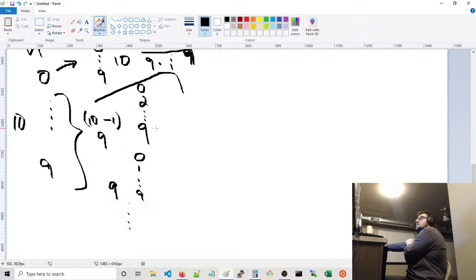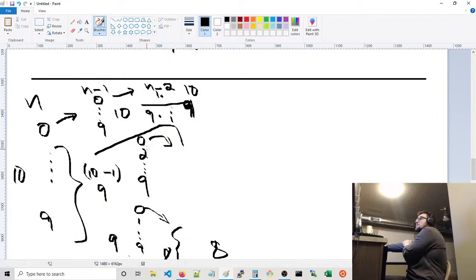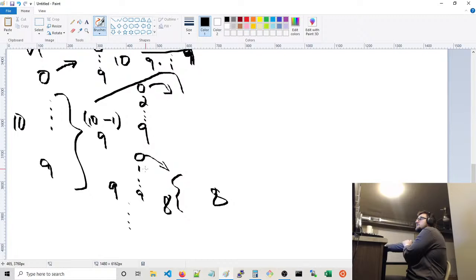And also over here, same deal for each of these zeros. So we have 8 times we have 8 characters, and that's each of these instances.